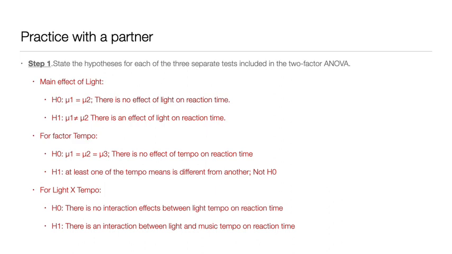The research hypothesis: at least one of the tempo means is different from the others in terms of reaction time, and the mathematical version would be not the null. For interaction, we won't have a mathematical way to write that for this course, so we'll just write there is no interaction effect between light and tempo on reaction time, or there is an interaction between light and tempo on reaction time.